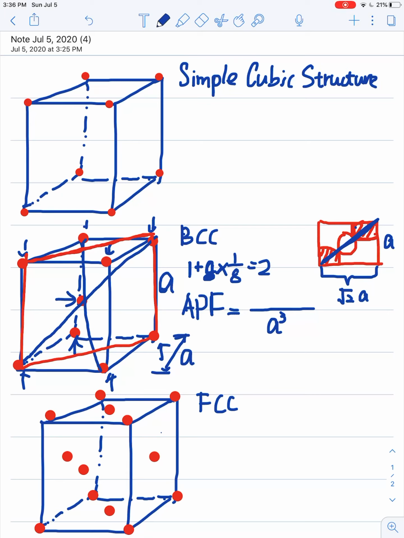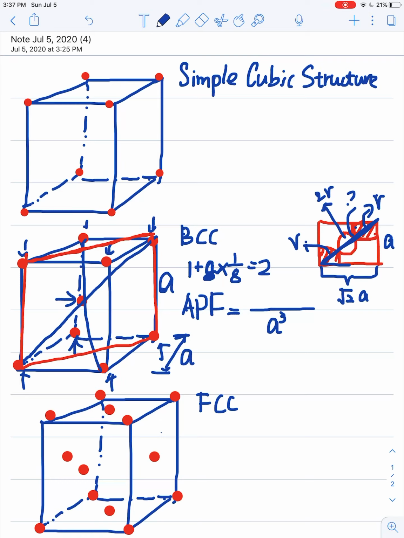The reason we want to know the length here is that if we know it, we're able to calculate the radius of each atom. How come? Because at both corners we have a quarter of a sphere, and the length there gives us one radius, and at the center we have a full sphere, so the length there is 2r. Therefore, the length of the body diagonal equals 4r.